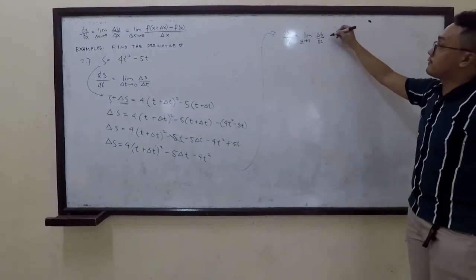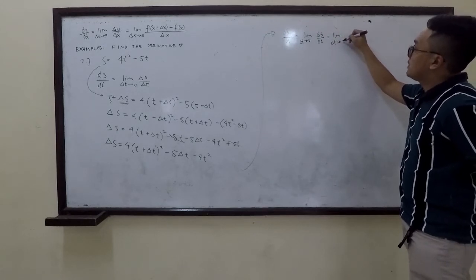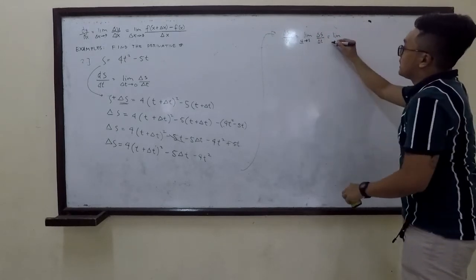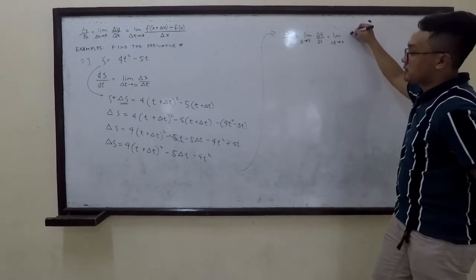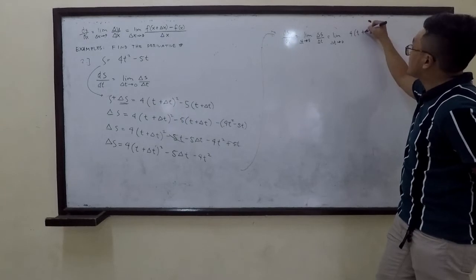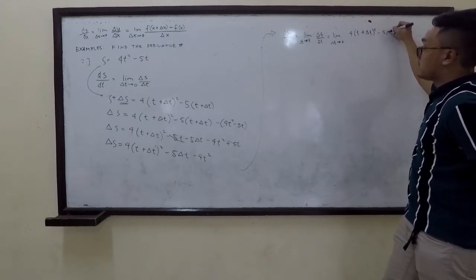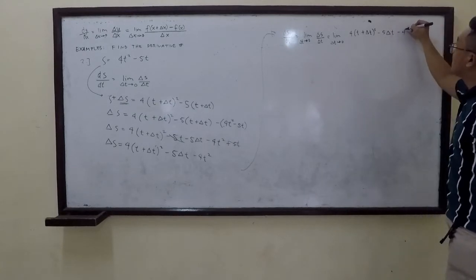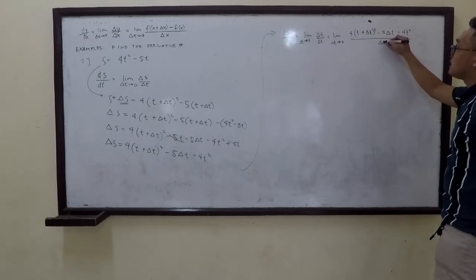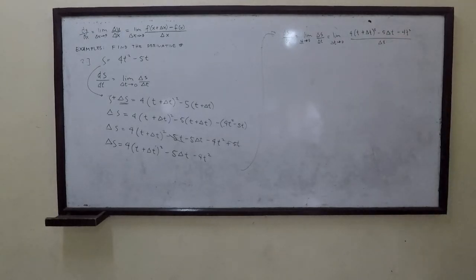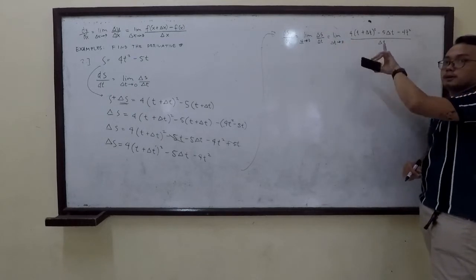So delta s is that: 4 times t plus delta t squared minus 5 delta t minus 4t squared, all over delta t. Okay? If we substitute 0 now, it becomes undefined.